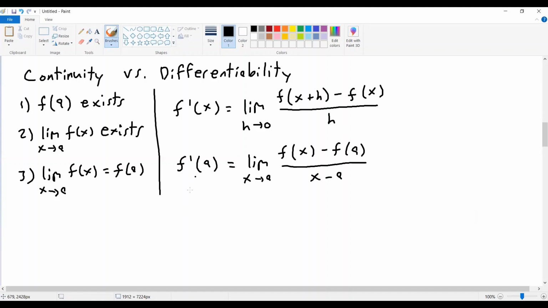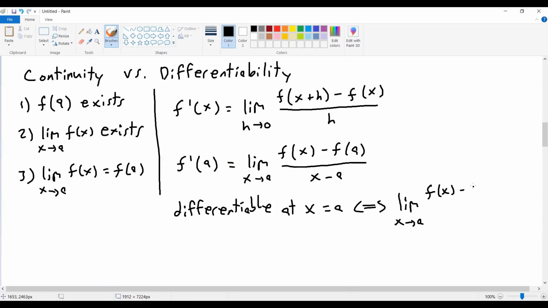In order to be differentiable at x equals a, this limit needs to exist. So we would be differentiable at x equals a if and only if, and that's what that symbol means, a double implication, this limit exists.